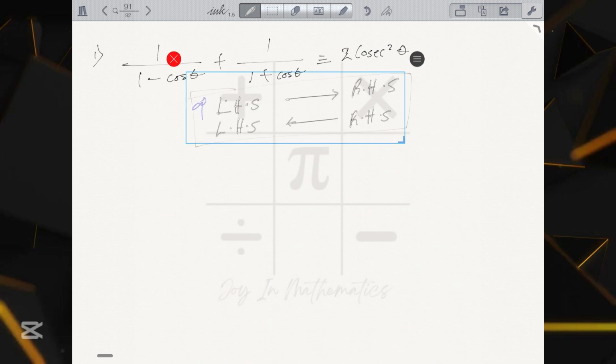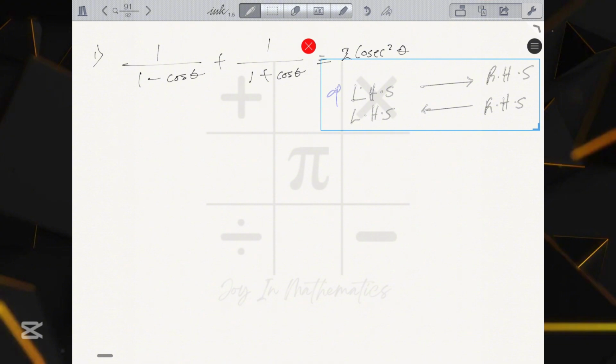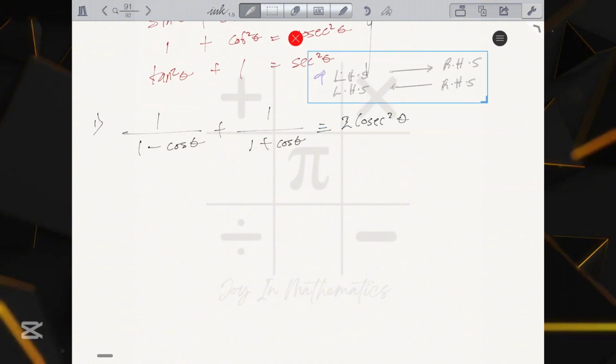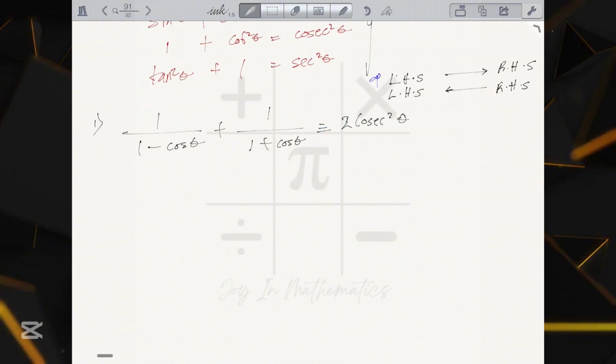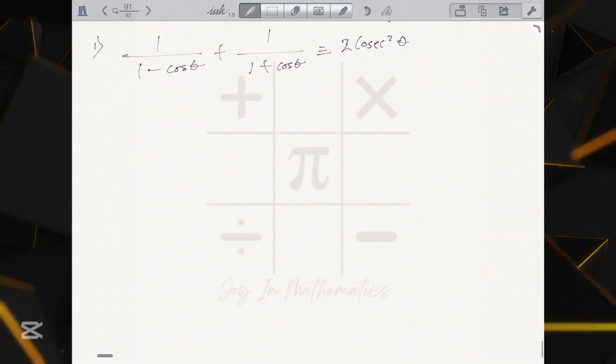Going from the left hand side to the right hand side, we will have to take the LCM of both sides. Taking the LCM, this will give us 1 minus cos theta multiplied by 1 plus cos theta.